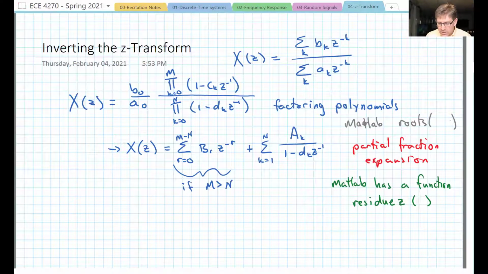So all these terms here are going to essentially now be delayed delta functions.